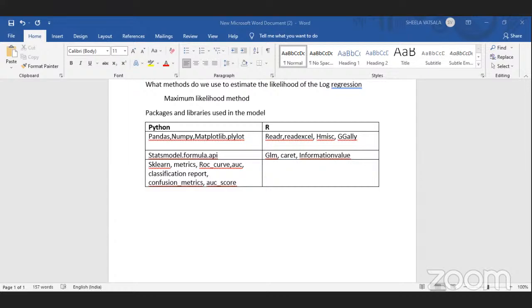So what do we understand by AIC? What is AIC? Akaike information criterion, right? It is typically used to identify whether a feature that we have included in the model is significant or not.